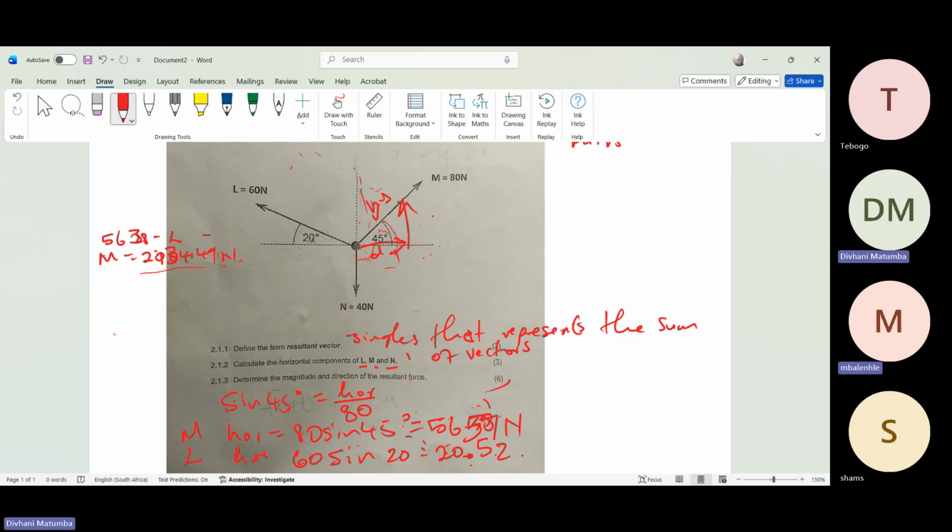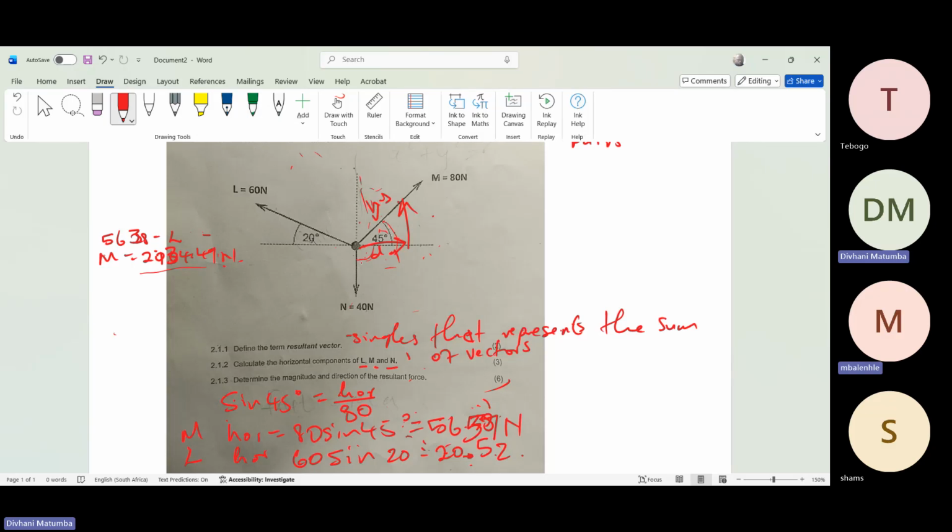Yes. We were once told at school that whenever we're not given the angle, it is equal to the sum of angles in a triangle. No, we can't treat it in that way.